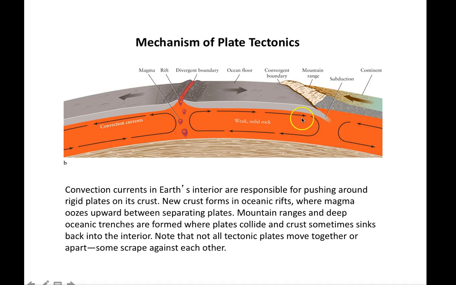Now, at certain points we have places where the continents or the plates are actually coming together, and one subducts the other. Typically it's the ocean plate that is subducting underneath the other tectonic plate.